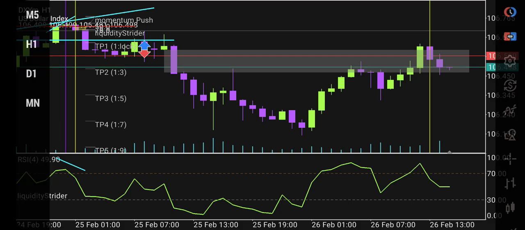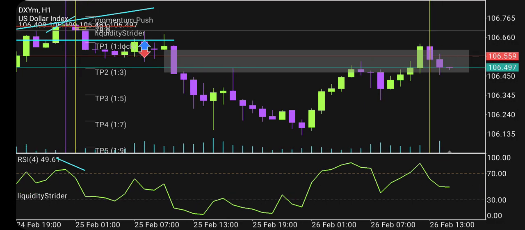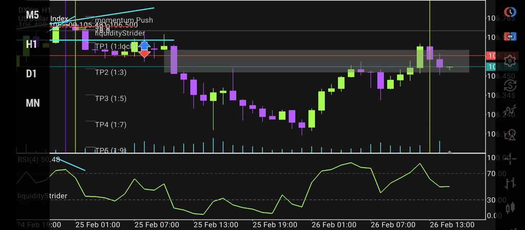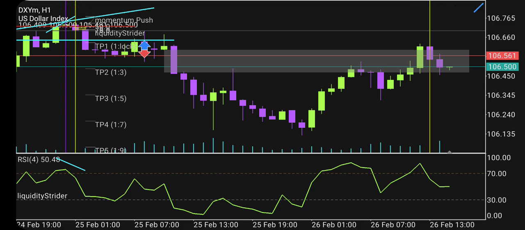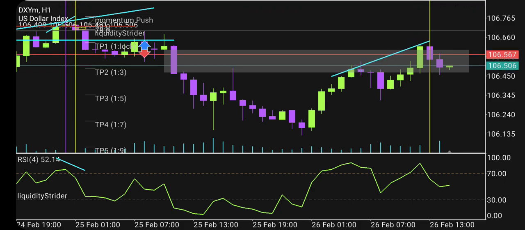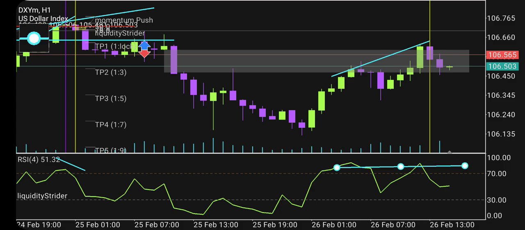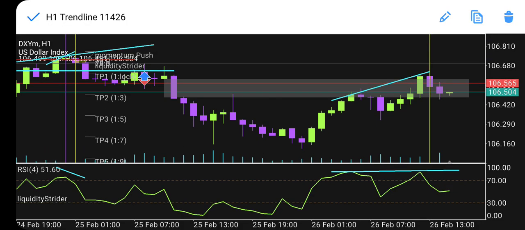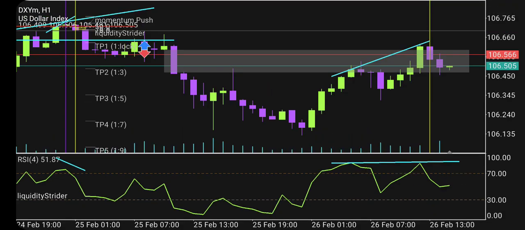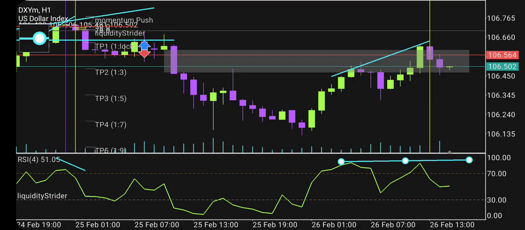So now what I'm going to do is go to a much lower time frame. Is this the divergence that I'm seeing here? Wow, this divergence, it is kind of diverging.